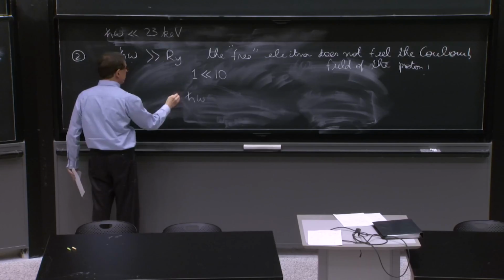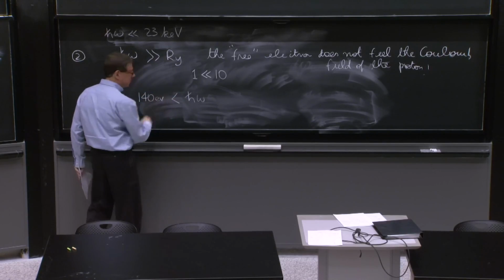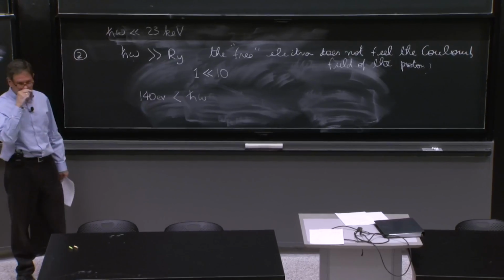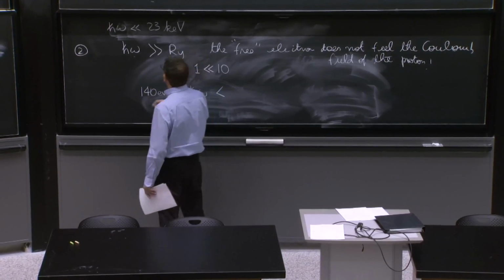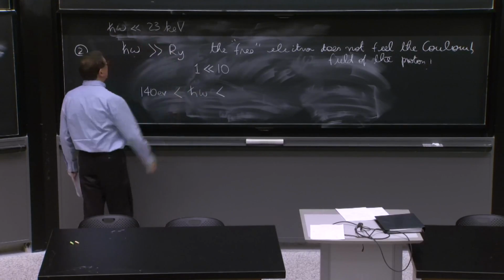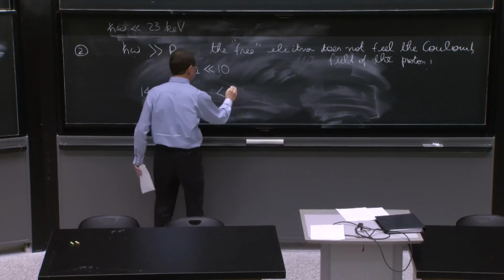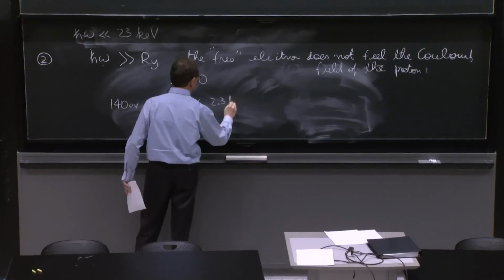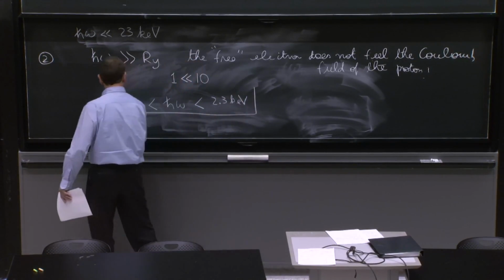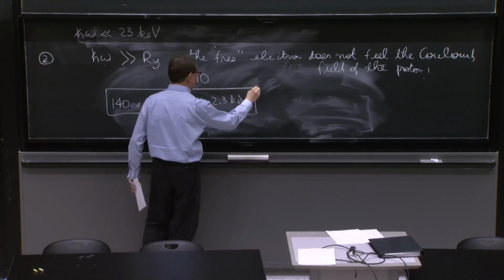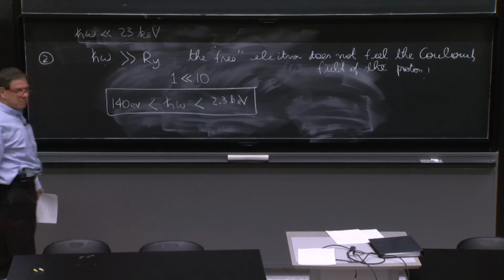So it should be bigger than 140 eV. That's 10 times that. And it should be much smaller than 23 keV, so that's 2.3 keV. So this is a range in which we can expect our answer to make sense.